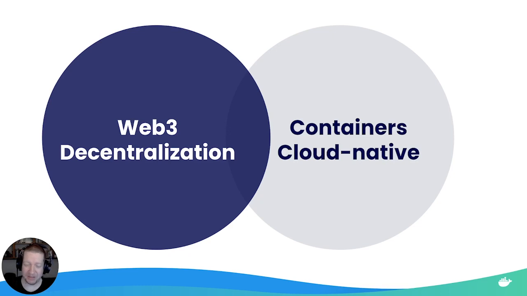What is the connection between Docker and Web3? How can we use them together? At first, they seem to be very different technologies, but in fact, I think they are very close to each other, because the innovation of Docker containers is exactly the same.